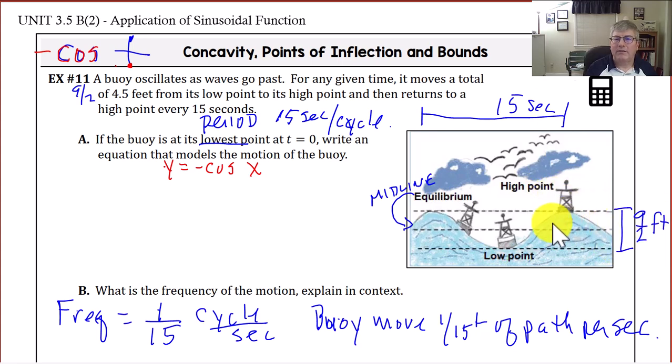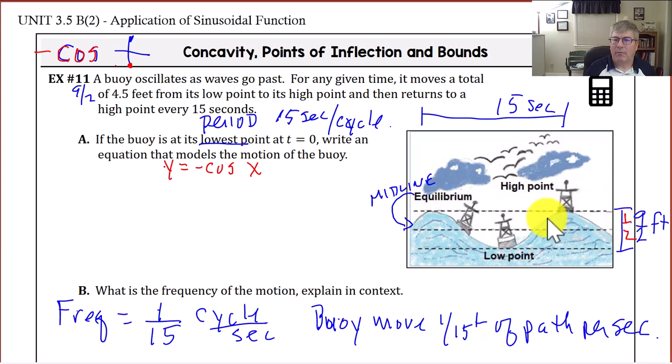All right, so let's take a look at our diagram over here. We've got an equilibrium, which is our midline. Our high point and our low point cover a total distance of 9/2 feet. Well, the equilibrium is going to be the halfway point of that. So each one of these distances is going to be half of 9/2, and half of 9/2 is 9/4.